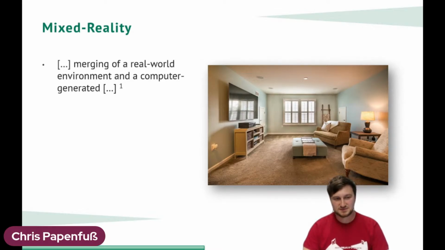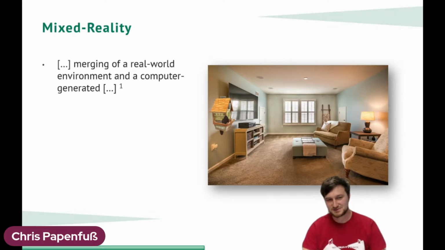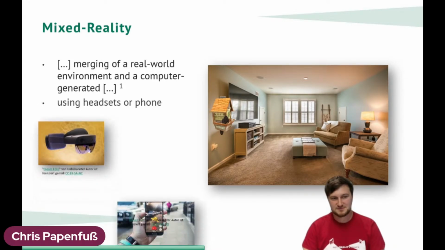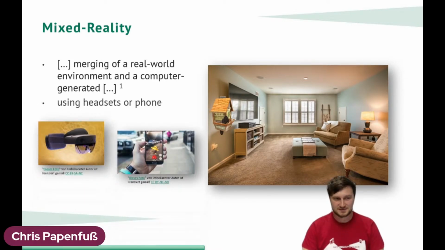And when we add digital computer-generated content, for example, this cuckoo clock here in the corner, which is famous here in Germany. This is not real there, but it's computer generated. You can say it's a hologram. But of course, sadly for now, we can't really see this without using a headset or a phone.